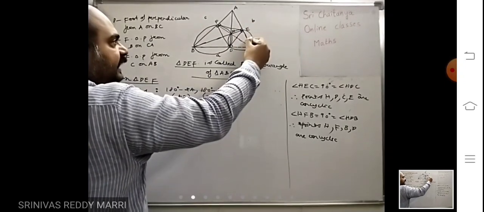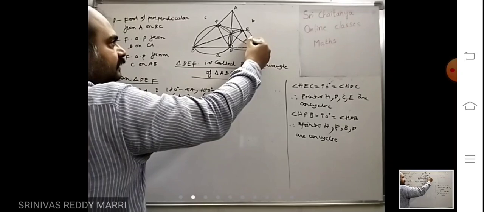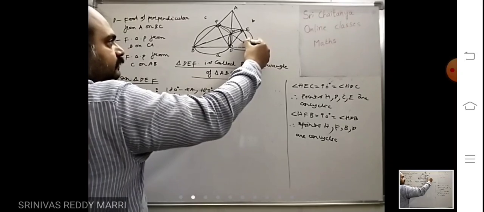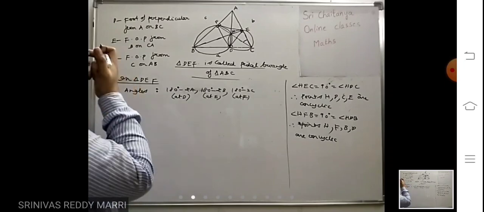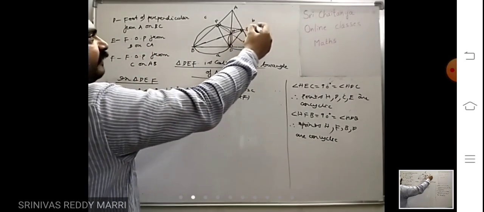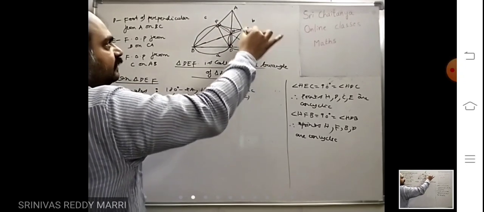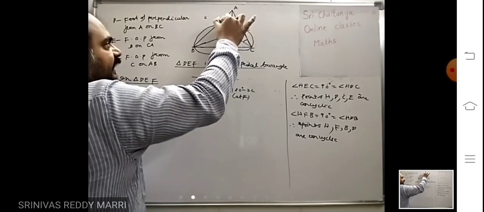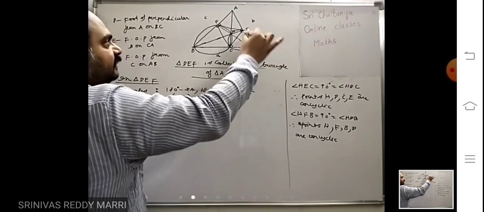Now look here. I want to calculate this angle, from the triangle, in terms of ABC. For that, take the triangle AFC.